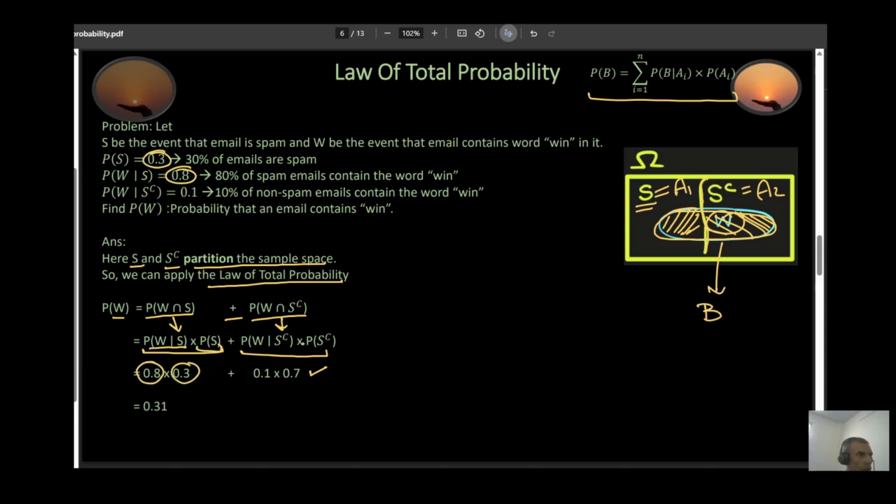Also given to me is the probability of W given S complement is 0.1, and also the probability of S complement, that's going to be 0.7. If the probability of S is 0.3, then the probability of S complement would be 1 minus 0.3. This will be 0.7. Solving this expression, the answer is 0.31.